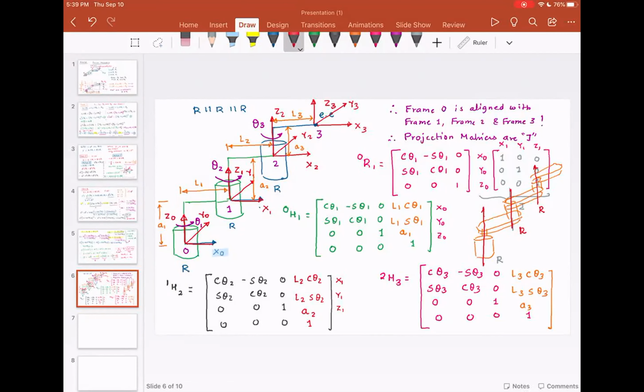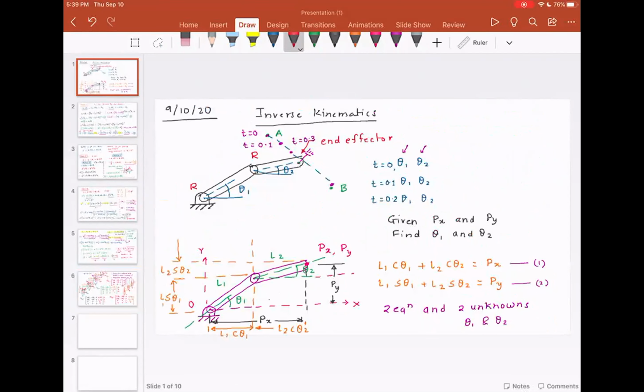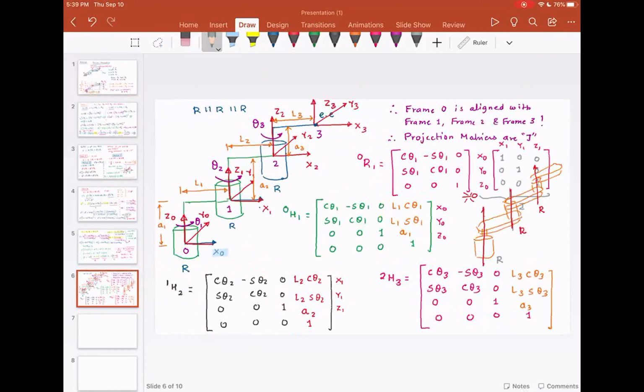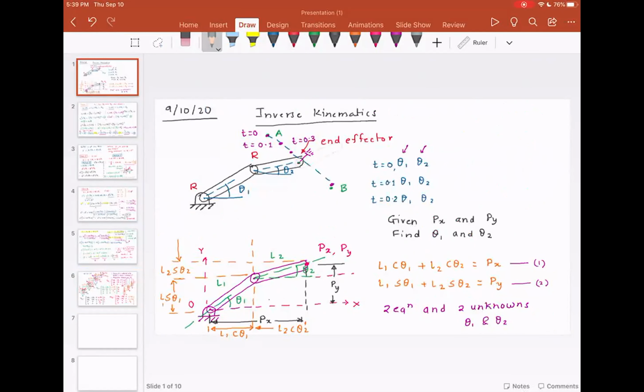Now what I want you to do is look from the top. Can you see that this robot is exactly similar to the robot that I have drawn here, except it has 3 links, which means if I were to draw this robot something like this, then this spatial robot is going to look similar to the planar robot that I have drawn over here.